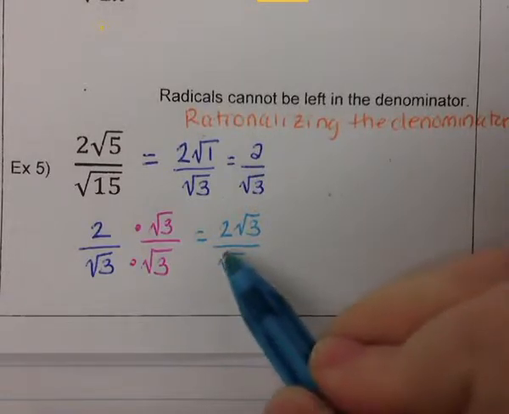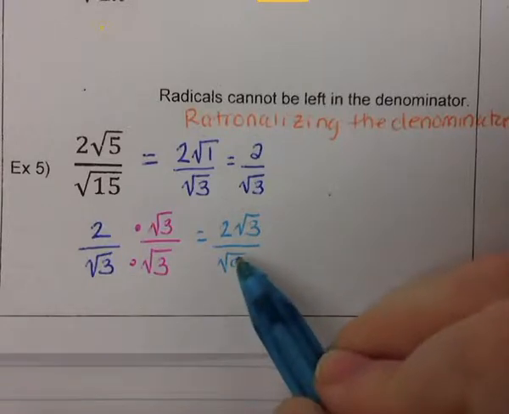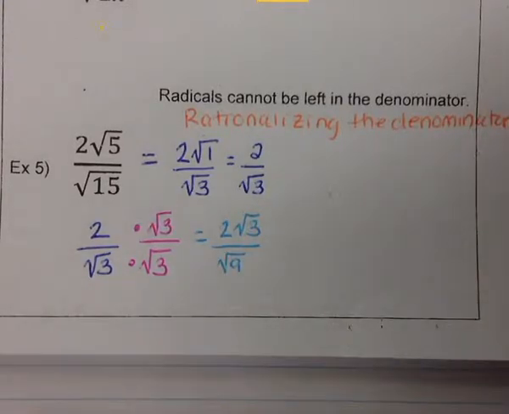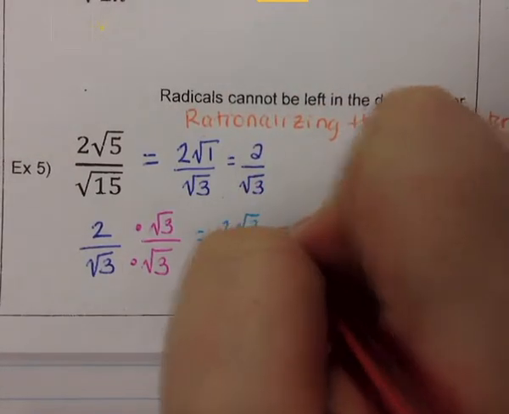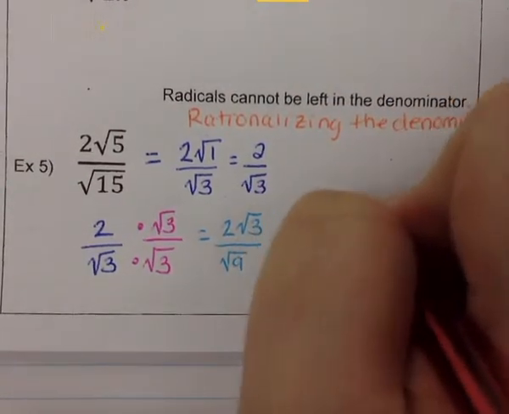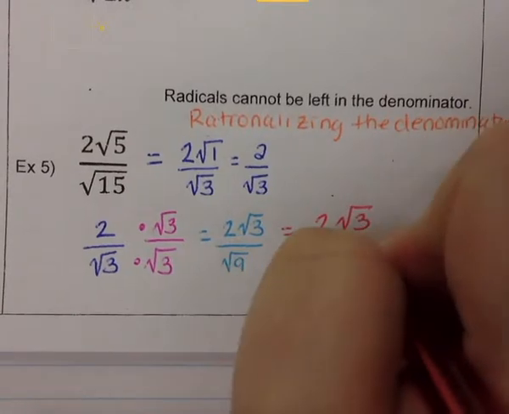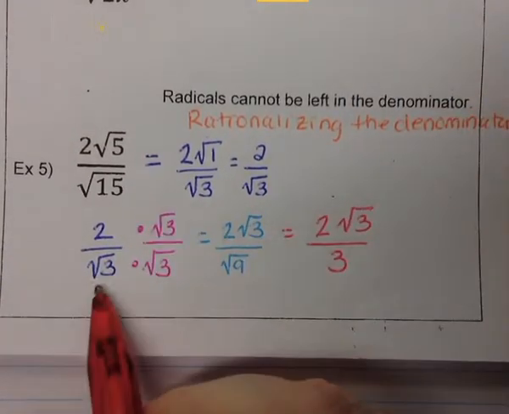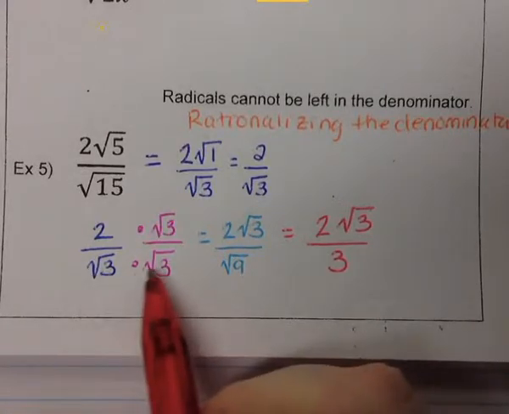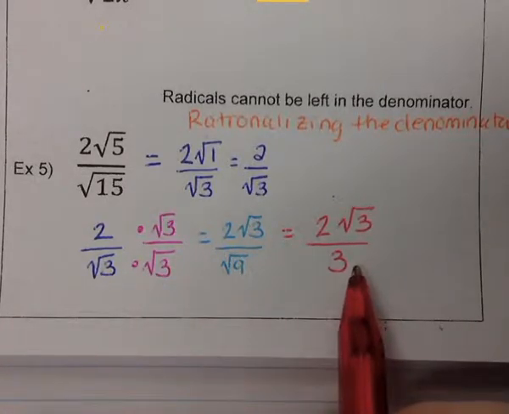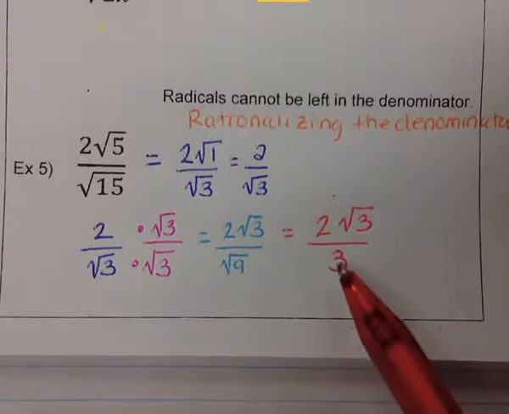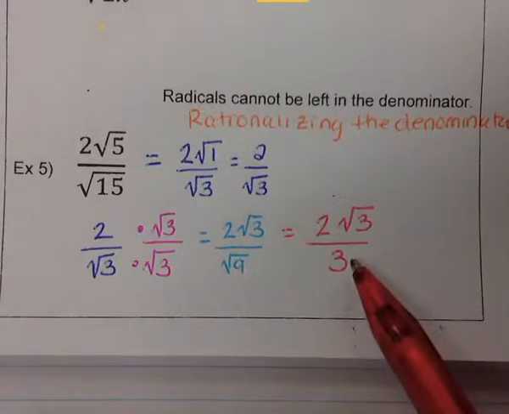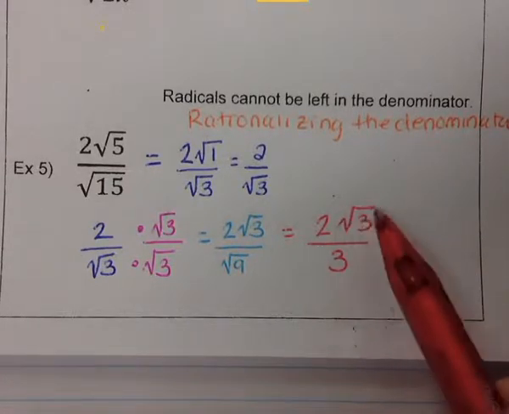The reason we see this is because the square root of 9 is just 3. So this will become 2 square root of 3 on the numerator divided by 3, because square root of 3 times square root of 3, square root of 3 squared, just becomes 3. Now, we no longer have a radical in the denominator. A radical in the numerator is perfectly fine.